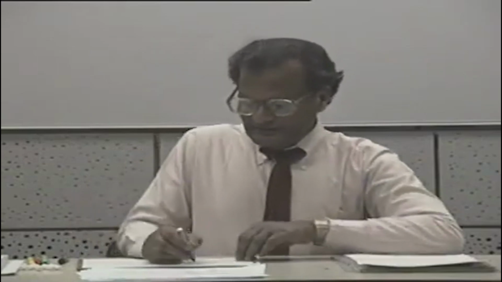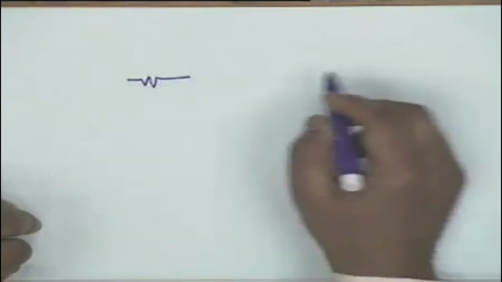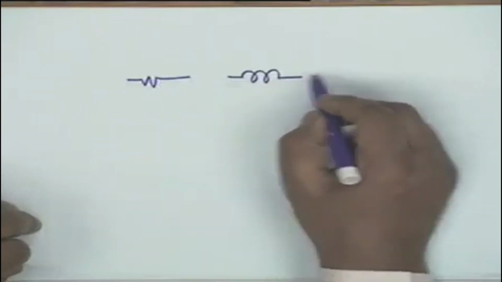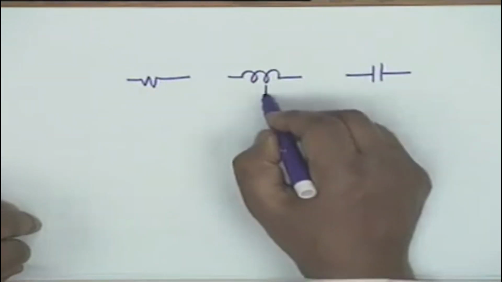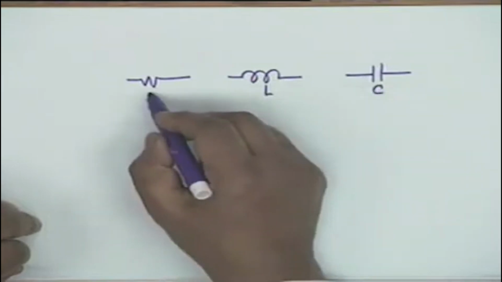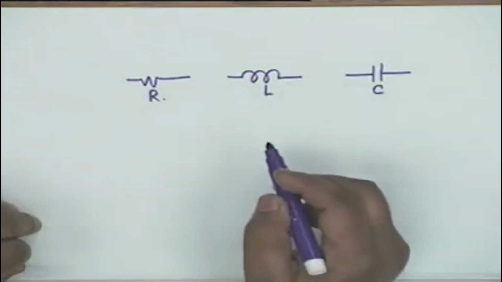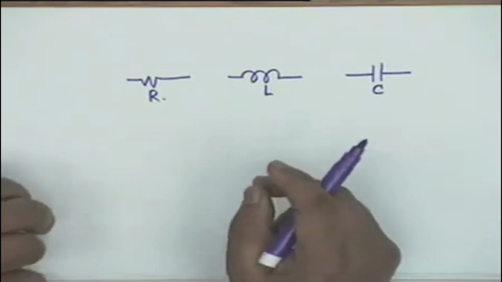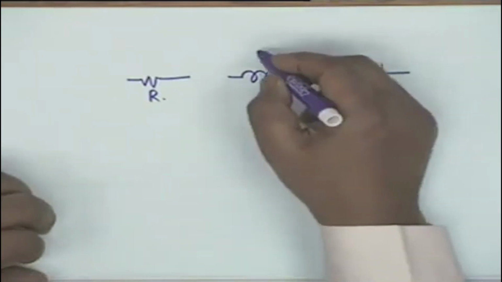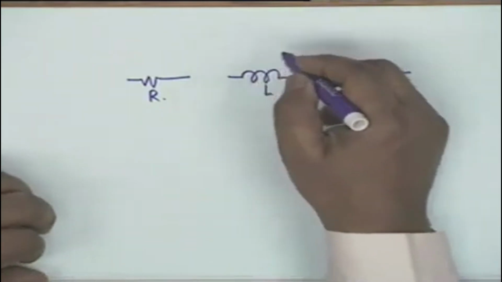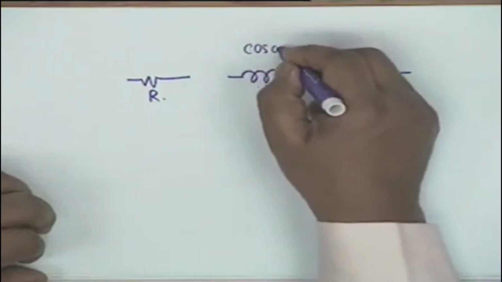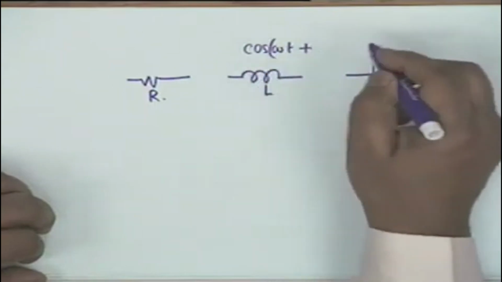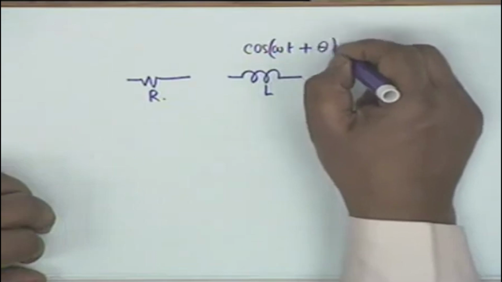for a resistance, inductance, and a capacitance R, L, C, the relationships between the current and voltage phasors, it is implied that all excitations, all currents and voltages are of the form root 2 times a constant times cosine omega t plus some constant theta.